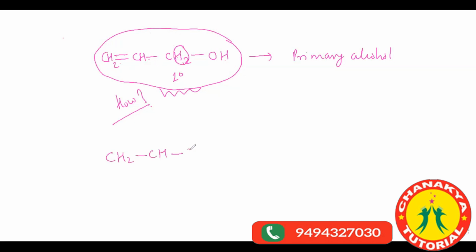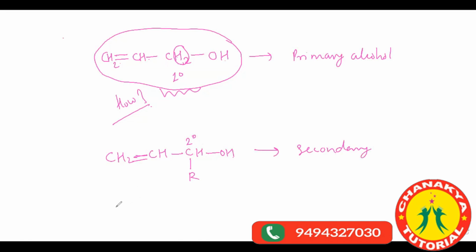Suppose here it is CH, and here you have added one R group, any CH3 group or R group, and it will be OH. That time this carbon becomes a secondary carbon. Though it is allylic, the carbon-carbon double bond won't be changed. So it is an allylic carbon, but this carbon would be secondary. OH is directly attached to a secondary carbon and hence it would be a secondary allylic alcohol.